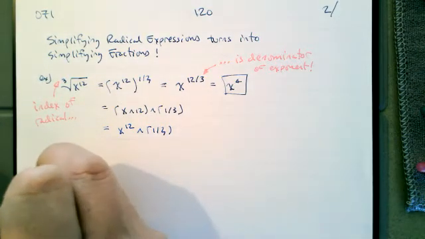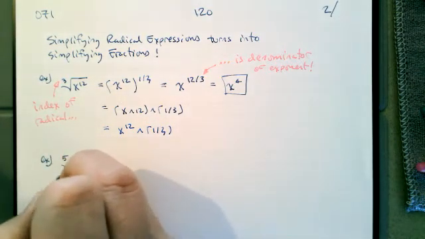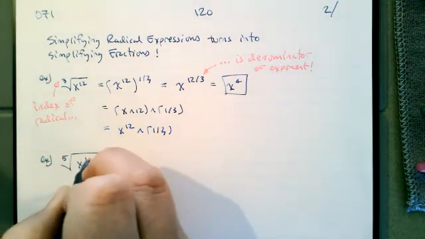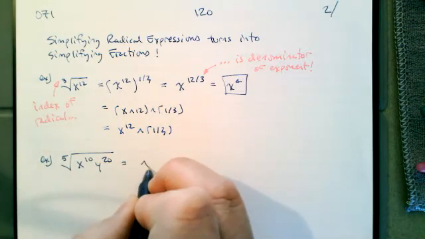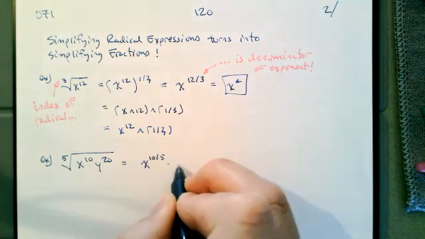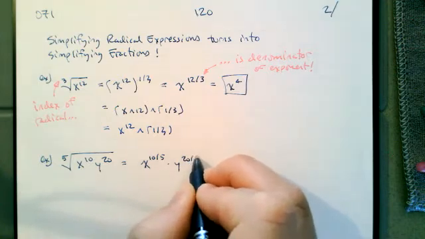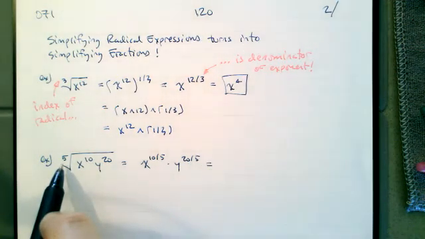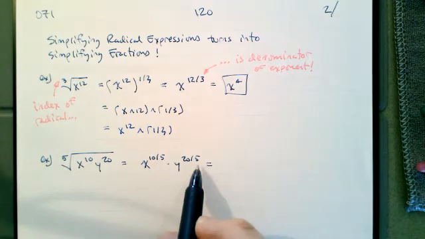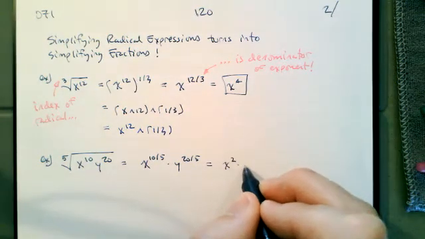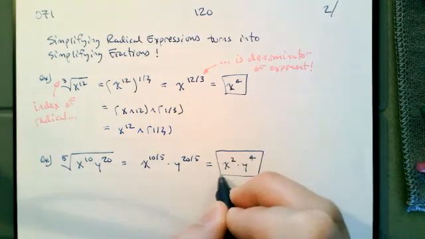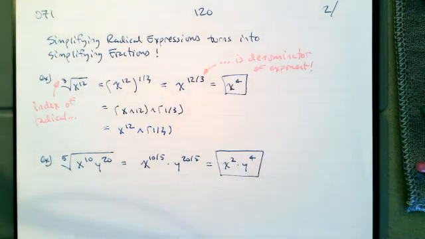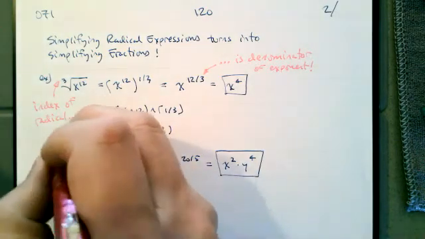For another example, if I have the fifth root of x to the 10th times y to the 20th, that's going to be x to the 10 over 5 and y to the 20 over 5. The index of the radical is the denominator of the exponent. So it's going to be x squared y to the 4th.